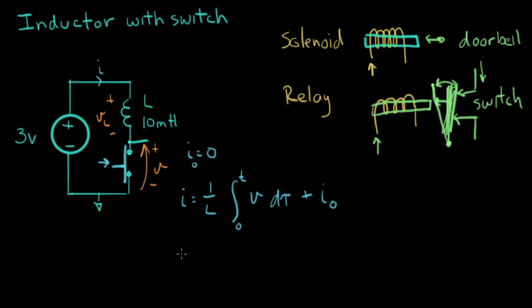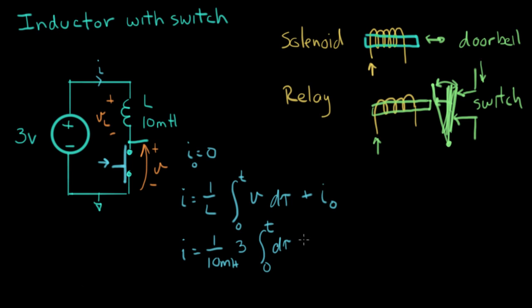Let's fill in what we know. I equals 1 over 10 millihenries, and V is a constant 3 volts, times the integral of d tau from 0 to t.